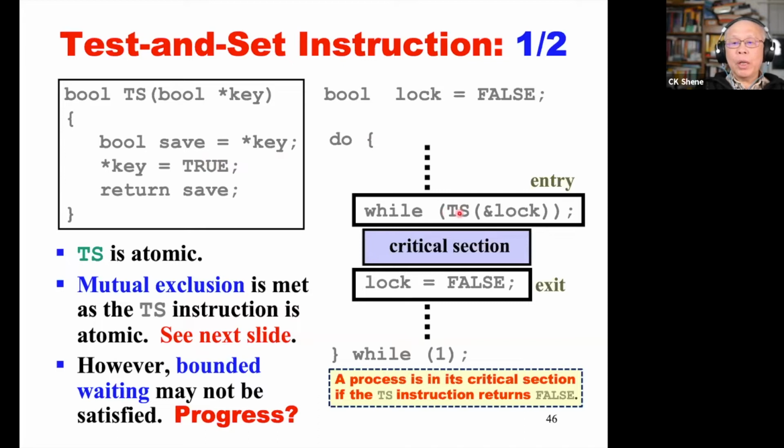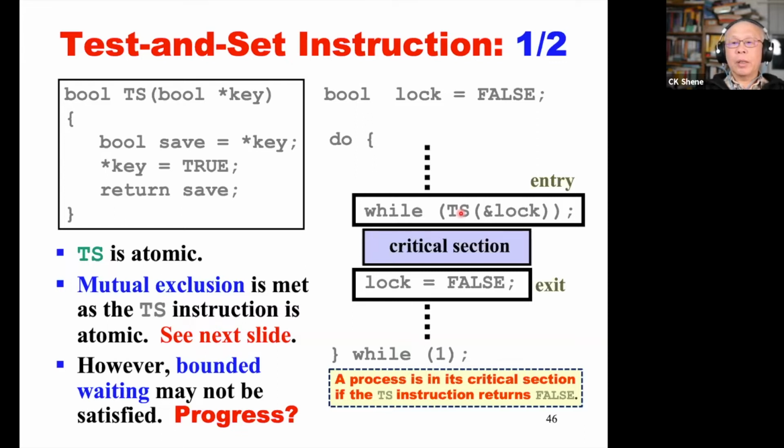Now, let me rephrase it in this way. When I executed TS, true was put into lock and TS returned false, right? So I am here. Once I am here, what if you try to execute TS again? Recall that lock has the value true here.